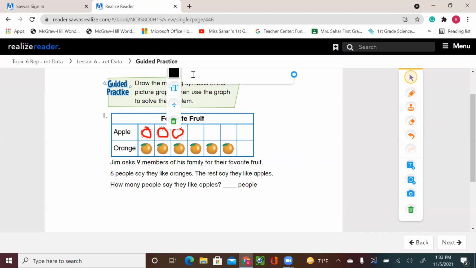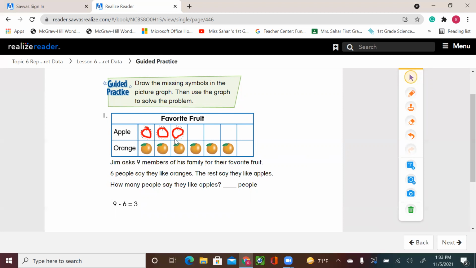Or I can make an equation. I can say total 9. That's the whole. I know 6 chose oranges, so I'm going to put 6. Now I can find out the rest chose apples. The rest will be 3. So 9 take away 6 equals 3. You have the whole, you have one part, and then you're looking for the missing part.